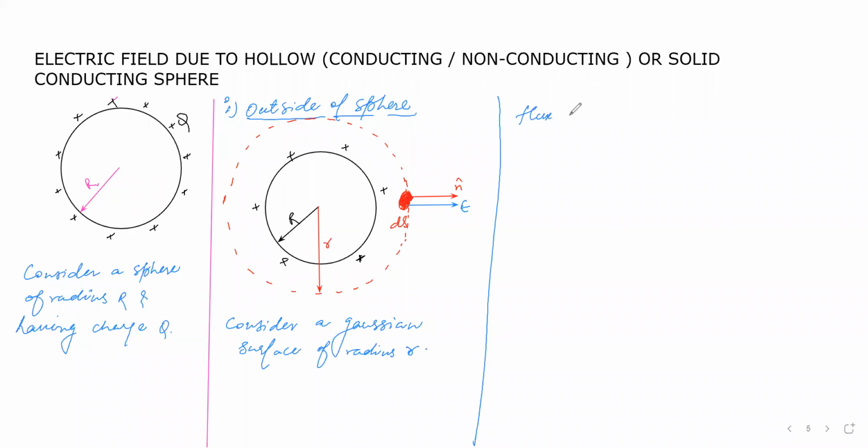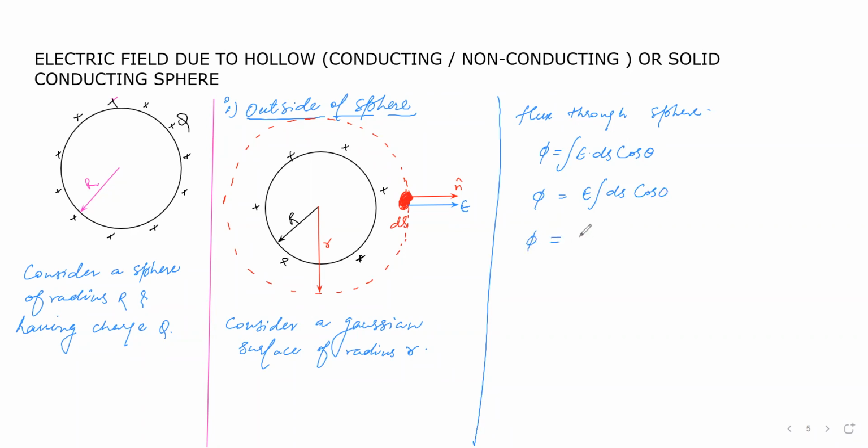Flux through the sphere: phi is equal to integration of E dot ds cos theta, which is phi is equal to E outside the integration, of ds cos theta with theta as 0.